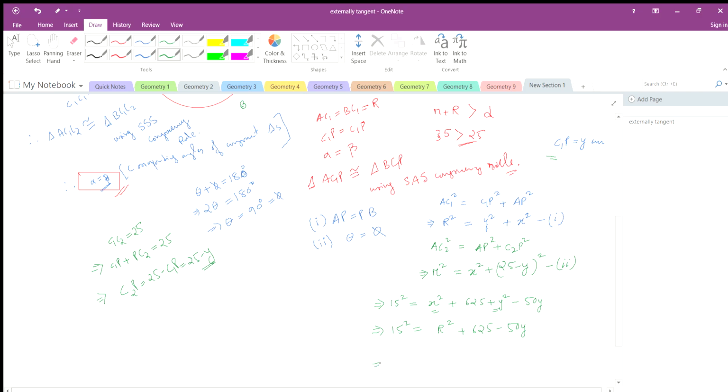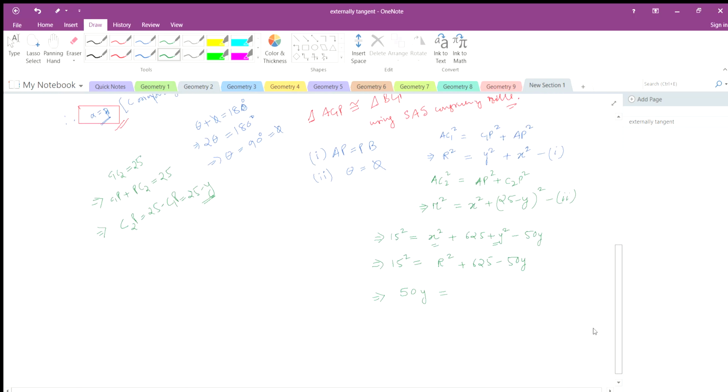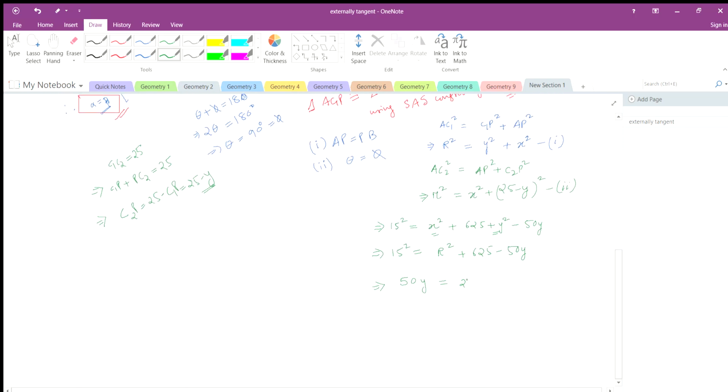Or I can say 50y is equal to capital R is 20, right? Yeah, 20. So 20 square minus 15 square plus 625, right? I will use a square minus b square. So this will be 5 into 35 plus 625.